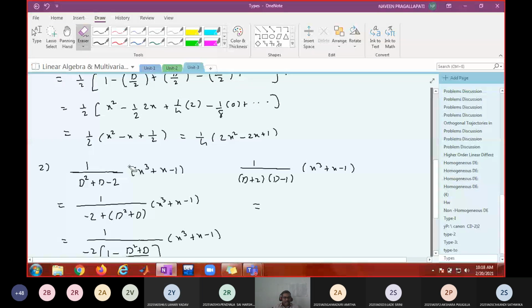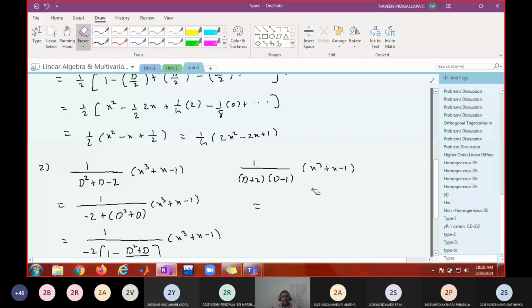See, it is not the only way. As I said earlier, this way will give one particular solution, this way will give another particular solution. If you write this into partial fractions, that may give another particular solution. If you do some other way, that will give some other particular solutions. It need not be the same. That is what I demonstrated in earlier methods.